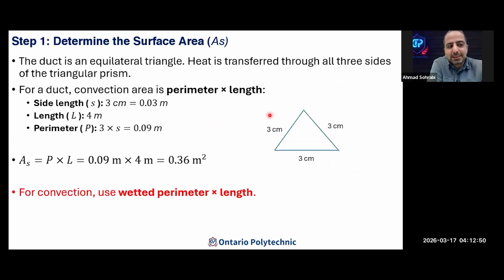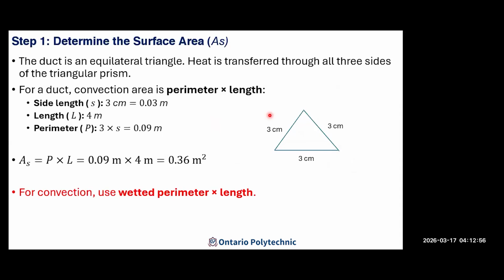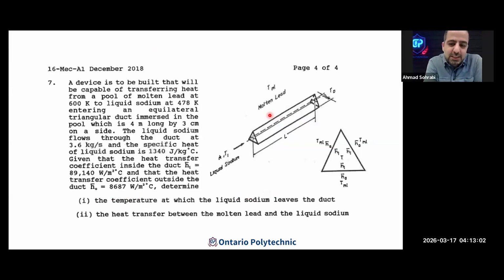As the duct is an equilateral triangle... Why is the temperature of the surface constant? As I mentioned, you have a small pipe, not a very small pipe, but it's placed in molten lead. That one is very, very big, so the temperature of the lead doesn't change.